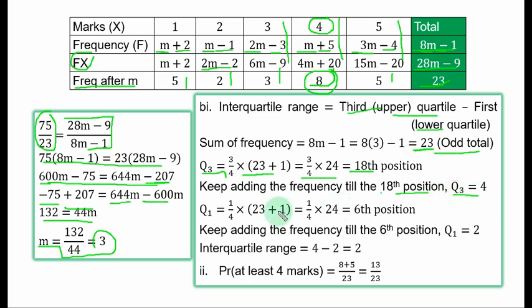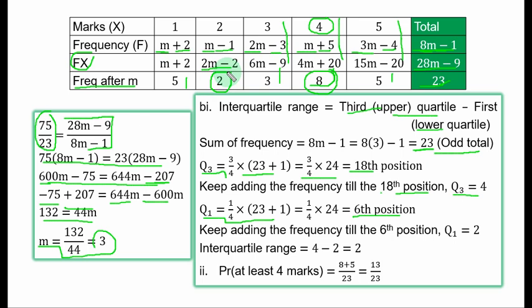For the first quartile, you have 1 over 4 times the sum of frequencies, and that gives the 6th position. So if you keep adding, you get 6 in this place. 5 plus 2 is 6.